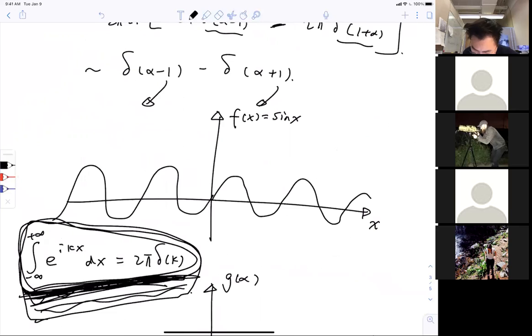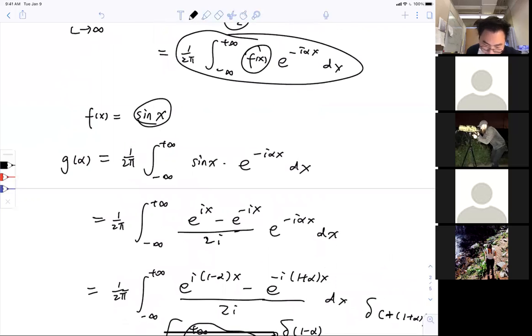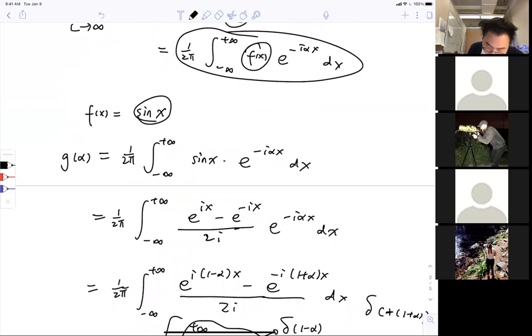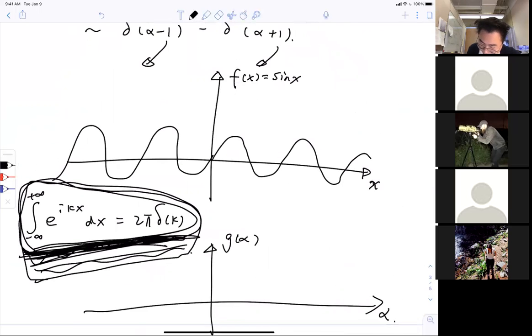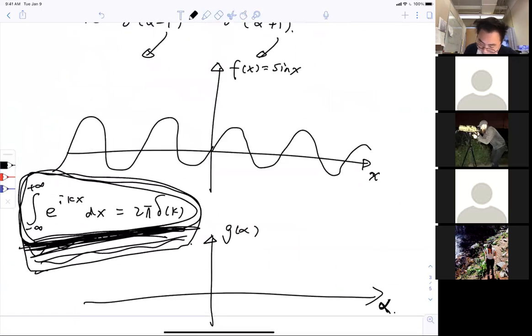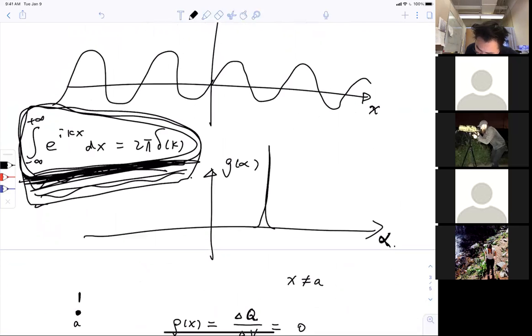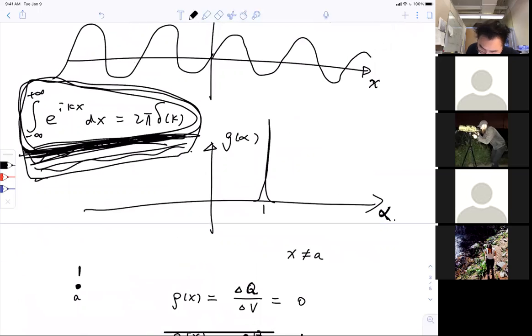I'm pretty sure. And yeah, so okay, let's go back to this kind of periodical function, Fourier transformation. A periodic function in the x space, like sine x, after the Fourier transformation goes to another space. We call it alpha, and it becomes two delta functions, one at 1, another one at minus 1.